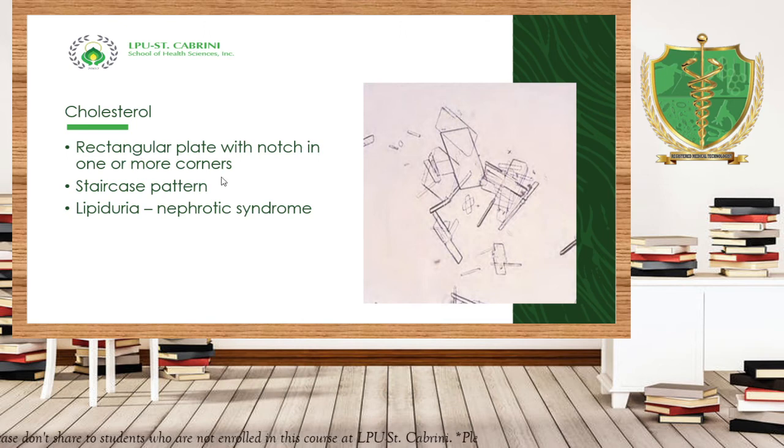Cholesterol is a rectangular plate with notch. Ayan. And sometimes this is called a staircase pattern. And the cholesterol crystal is an indication of lipiduria. And lipiduria is an indication of nephrotic syndrome.